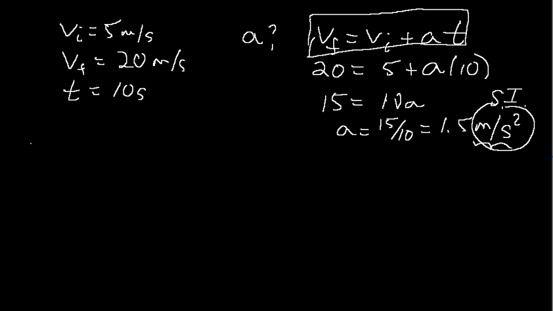Suppose, for example, I tell you I have a car that's going down a highway, and the car is going to go from an initial velocity of 10 meters per second to some final velocity of 50 meters per second.